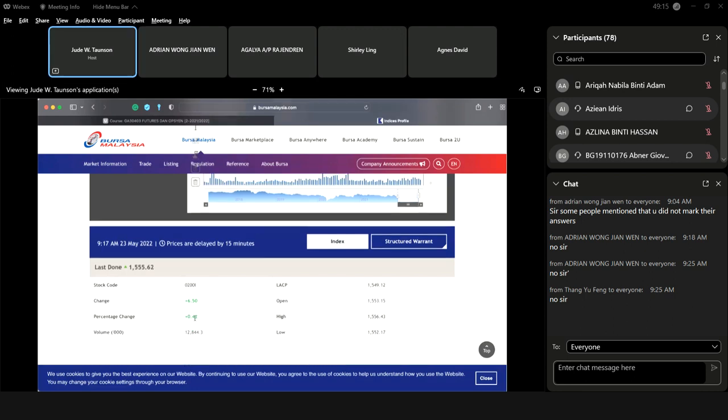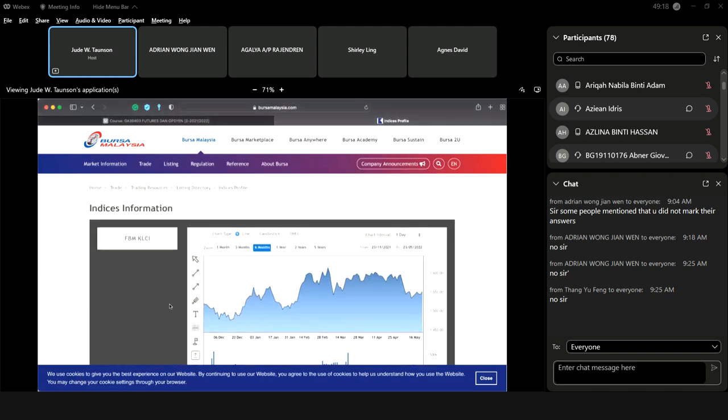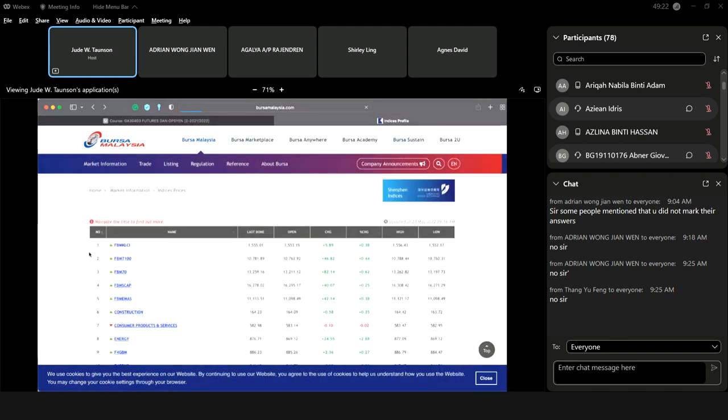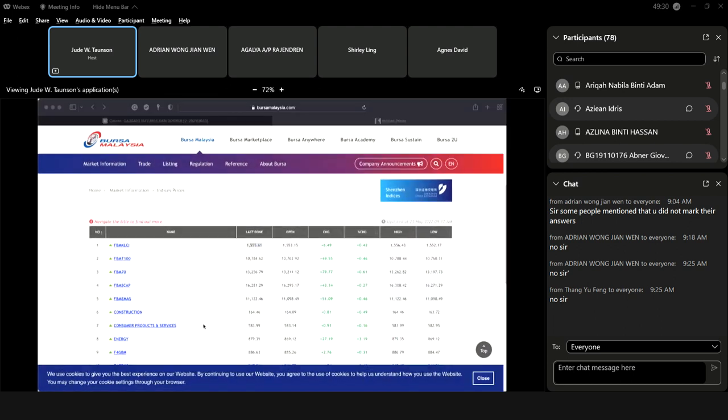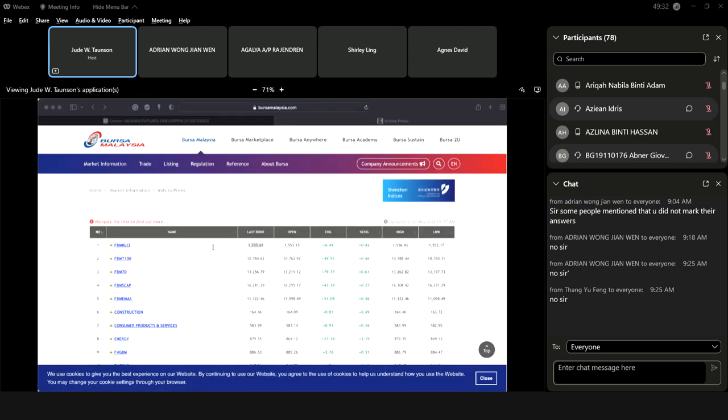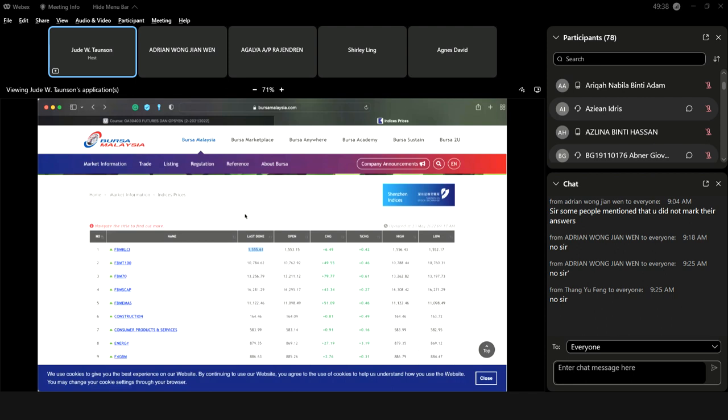FBM KLCI is the underlying. I'll take this price. Last done means the last settlement. Let us go back to our notes. You can see these are all the indices, all the underlying.